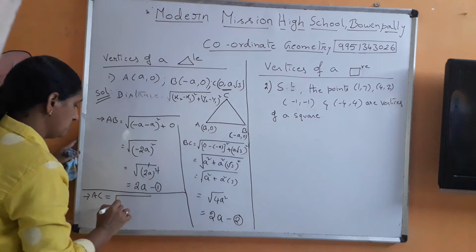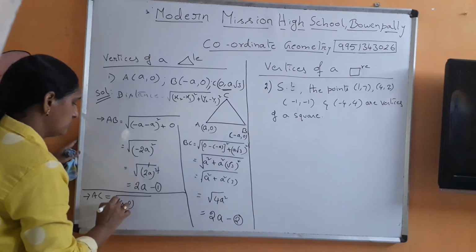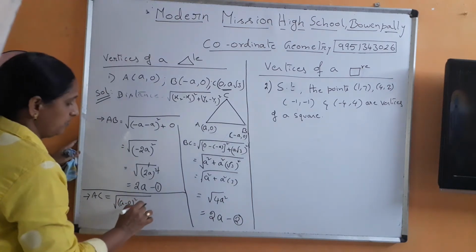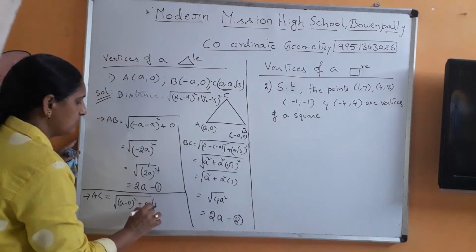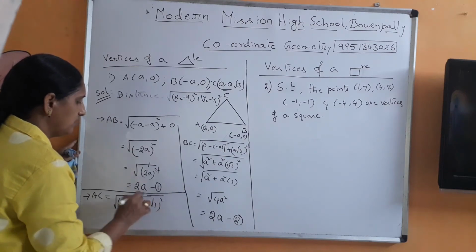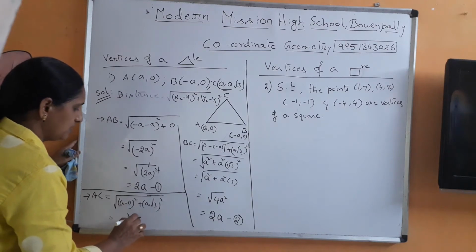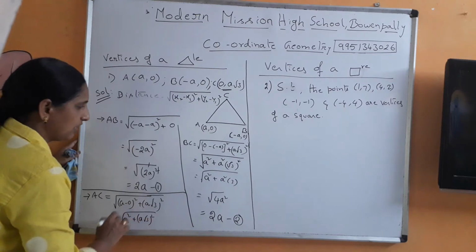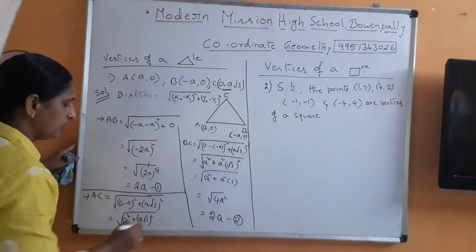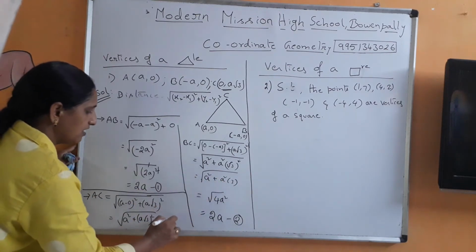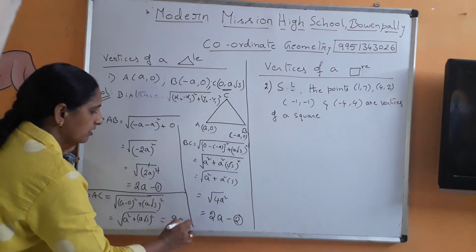So a minus 0 whole square plus a root 3 minus 0 whole square, which is a square plus a root 3 whole square. It is something like what we already got here. So we have already seen that it is equal to 2a. Equation 3.